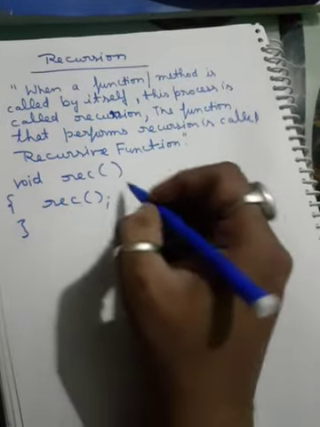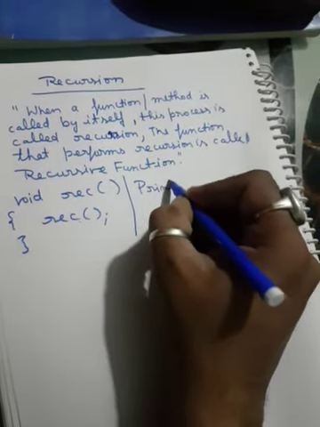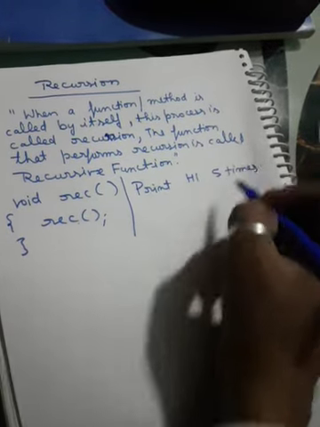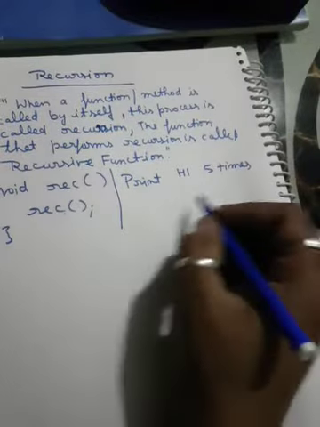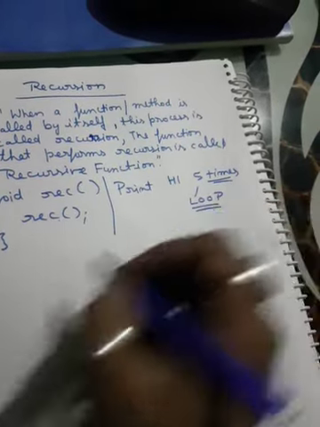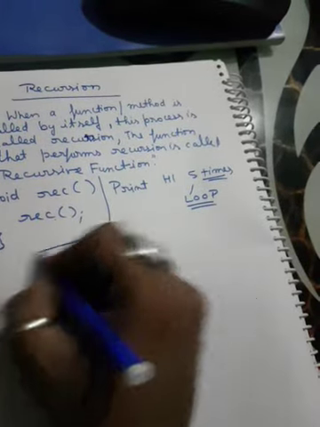Now let's begin with one problem. Just now there is a problem which says print hi 5 times. All right. So what do I need to do? The moment I see this word times, I immediately decide that this can be done using the loop. So that's very fine.